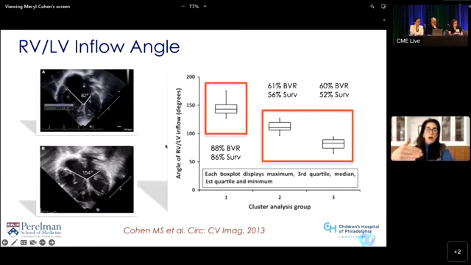But we felt like we were onto something in that this is likely a surrogate of VSD size. The smaller the VSD, the more blood is able to get into the left ventricle. The more acute the angle, the less blood is able to get into the left ventricle.